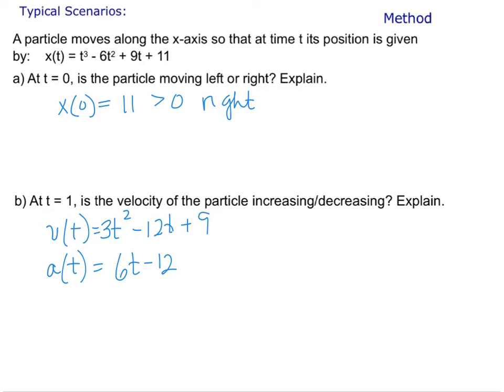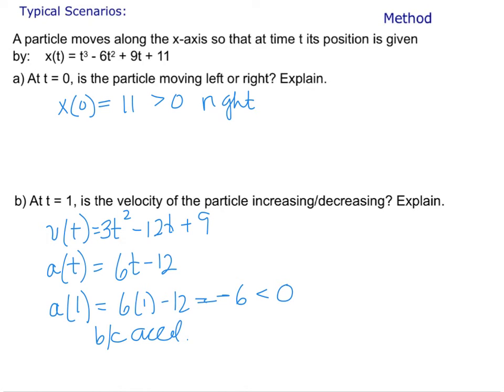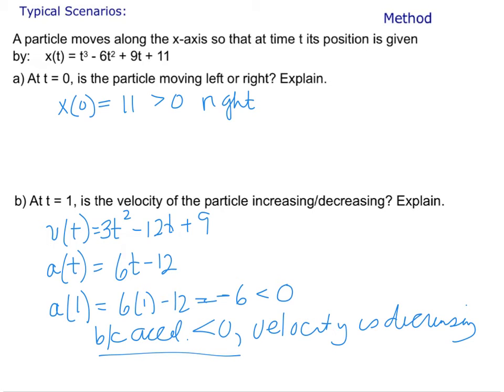We want to know what's happening at t equals 1 for the acceleration, which is 6 times 1 minus 12, which is negative. So because acceleration is negative, that means that the velocity, remember the house, velocity is decreasing. And that's because the acceleration is less than 0.